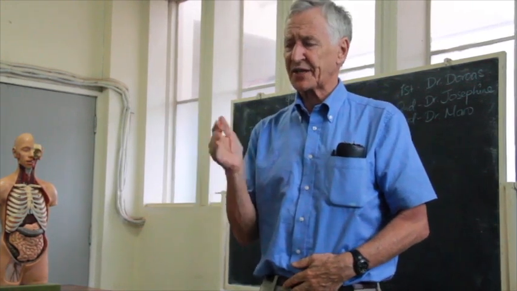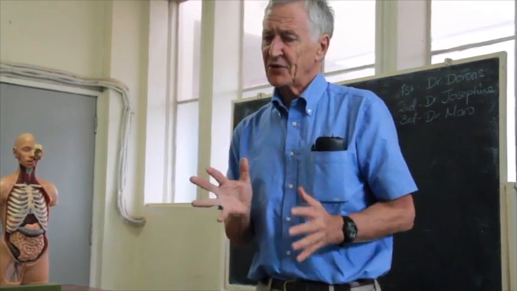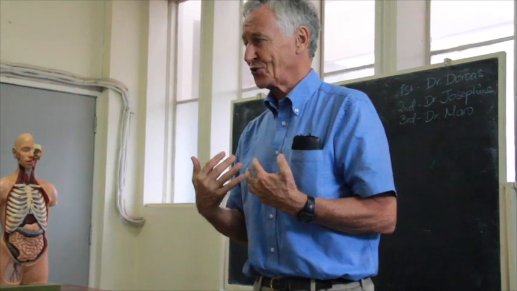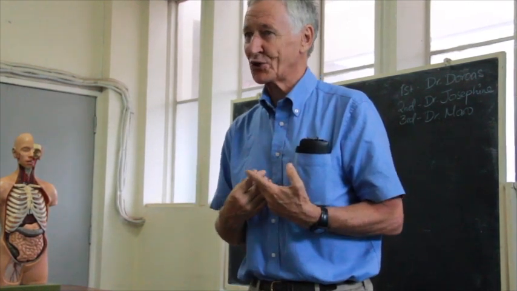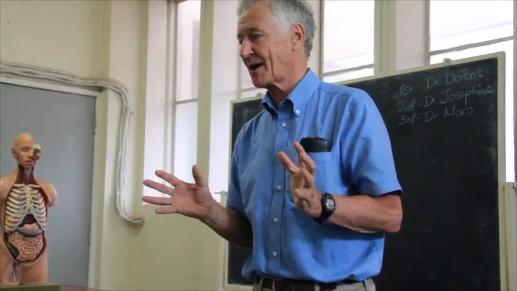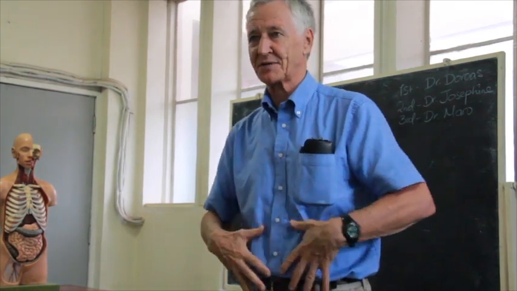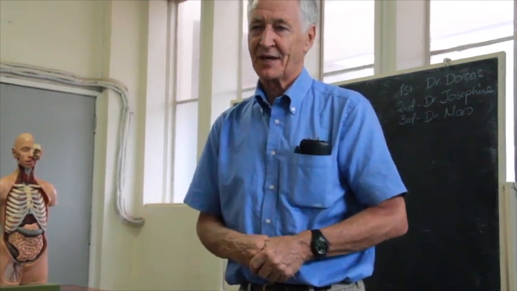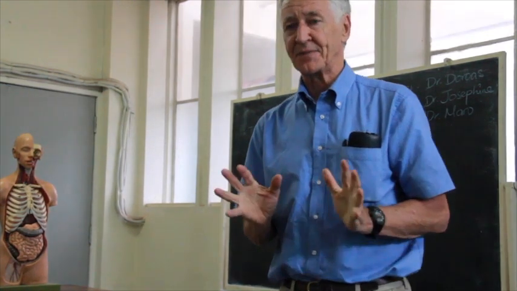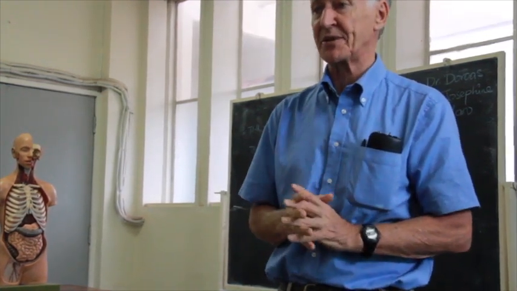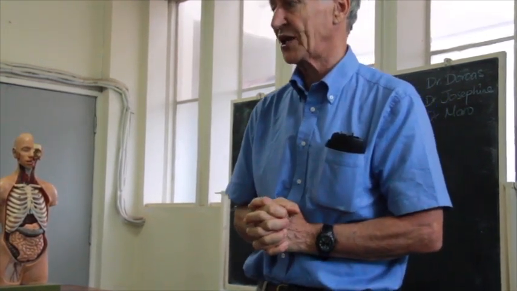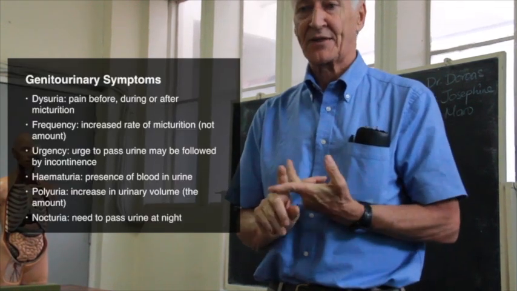Just before I move on, there is no area in the body, if you notice, where we look at the genitourinary tract. We tend to lump it in with the abdomen because it's all in the abdomen. It's a good time to remember the main symptoms of the genitourinary tract that you ask about.